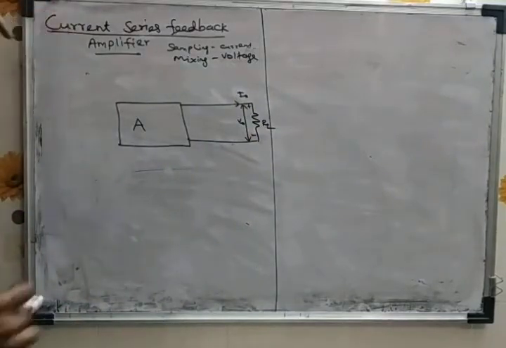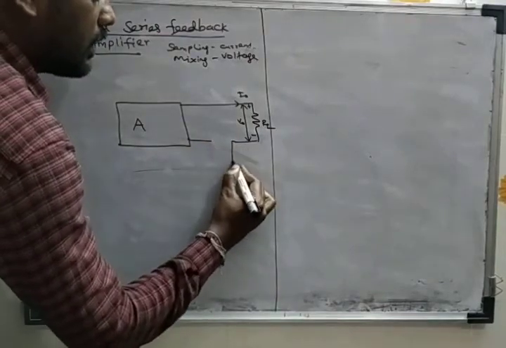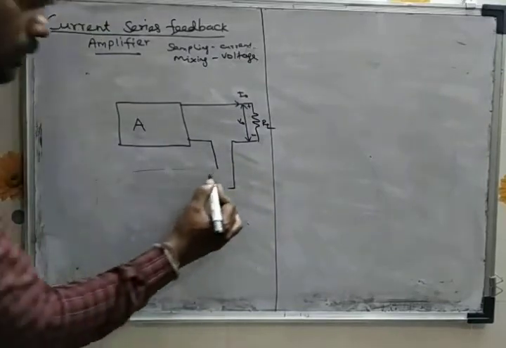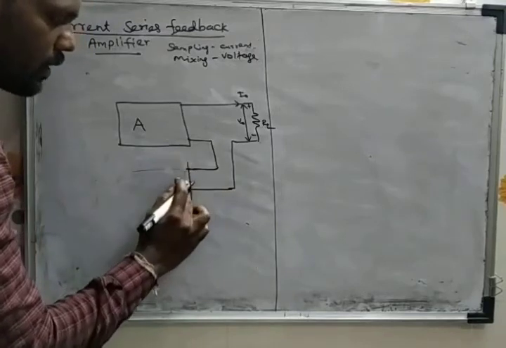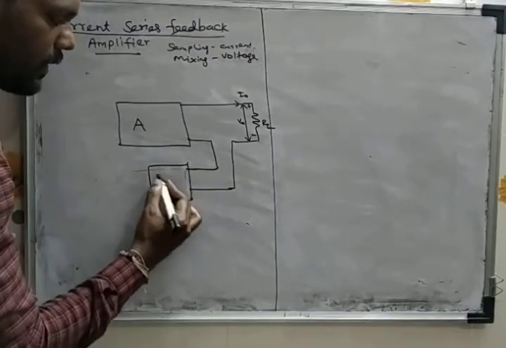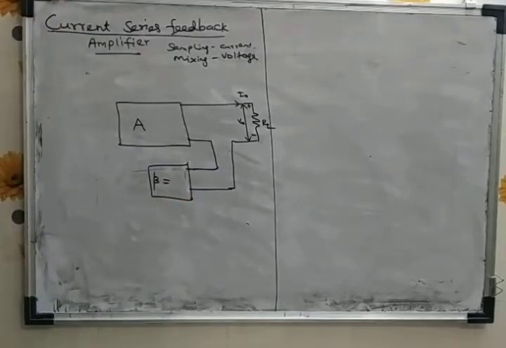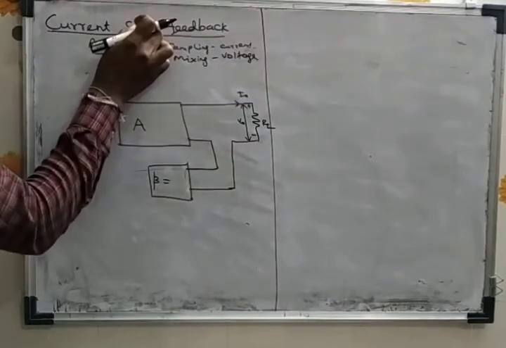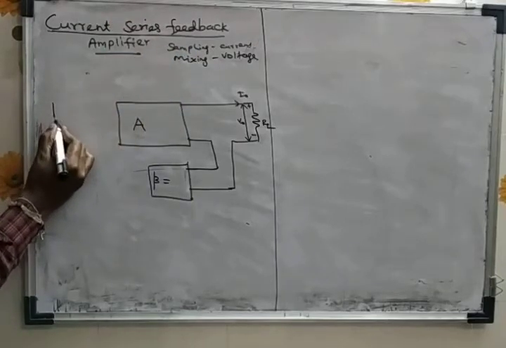So the current sampling means you take current output and feed it back to the input through feedback network with feedback factor beta, and mixing is voltage mixing. So series mixing means voltage mixing.